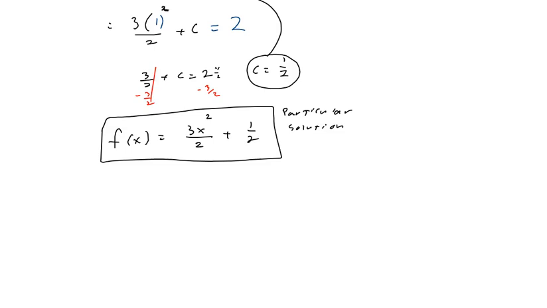What if I said, another example, just quickly, if I said f double prime of x was equal to 6x, and I said f prime of 2 equals 1 and f of 2 equals 0, find f of x.